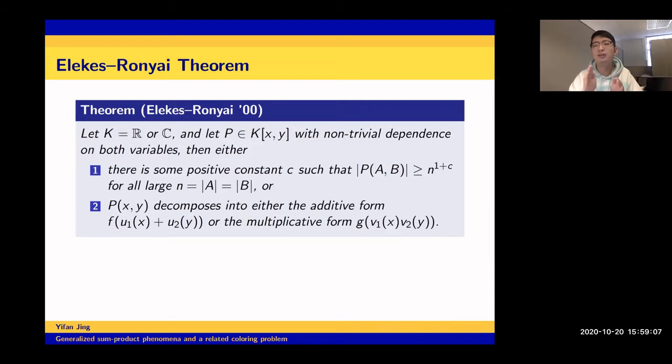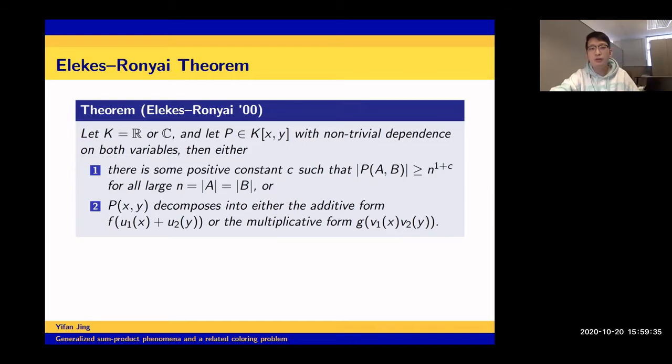That means it's not like a one-variable polynomial. We should have two variables. Then either you can find that P(A,B) is large, or P has some structure. It's either additive form or multiplicative form. So additive means P is essentially a sum of two one-variable polynomials. A multiplicative form means P is essentially a product of two one-variable polynomials.